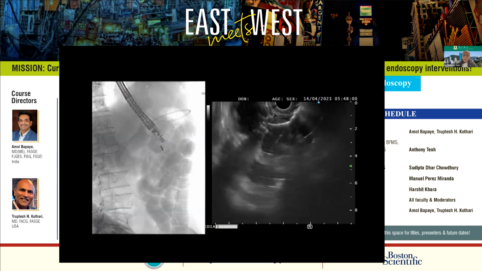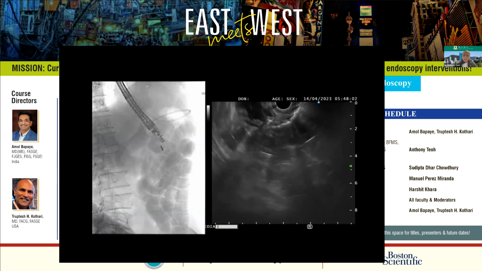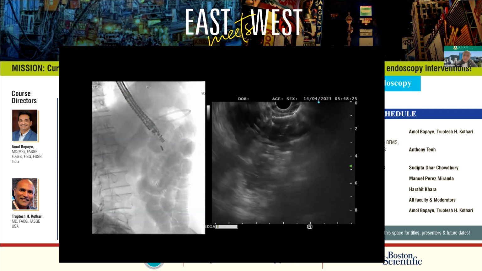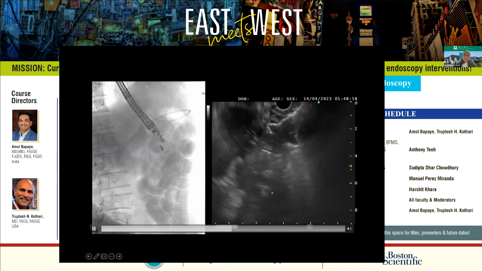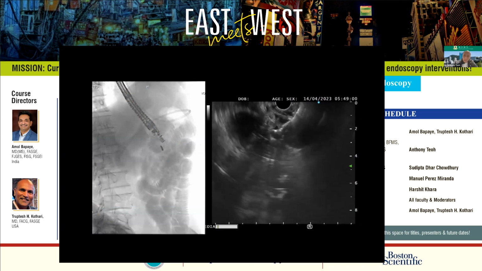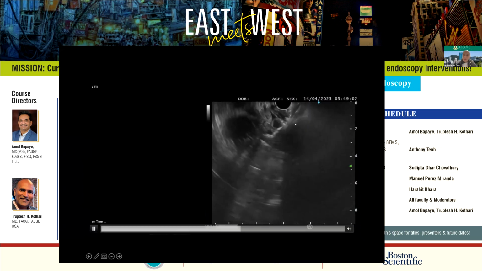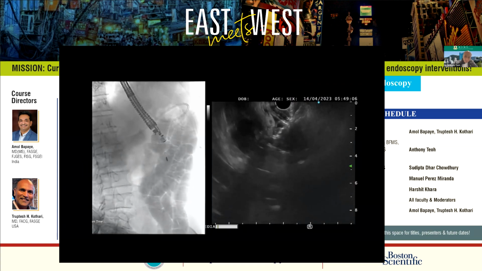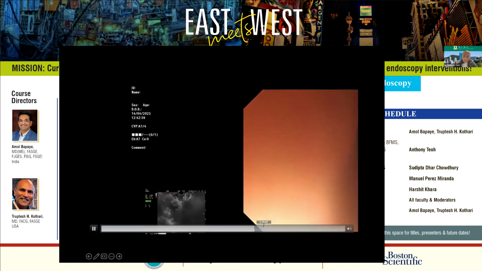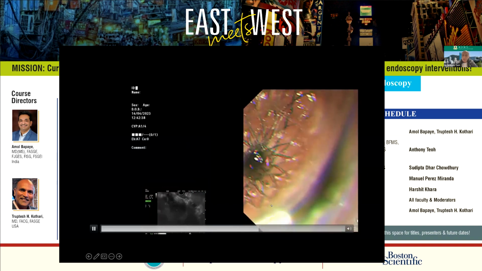Then I pull back the stent, followed by opening the proximal flange in the channel and then pushing out the stent. This is what it looks like after deployment.